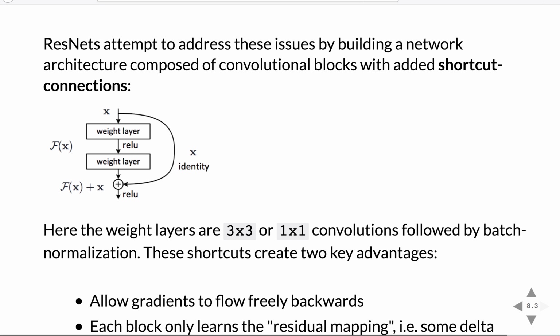So these are conv layers. So you have conv batch norm relu, conv batch norm relu, and after each two convolutions, you do this kind of identity map. You skip, okay, and then you apply the relu after the combination here. These are usually just 1 by 1 or 3 by 3 convolutions, followed by batch norm.